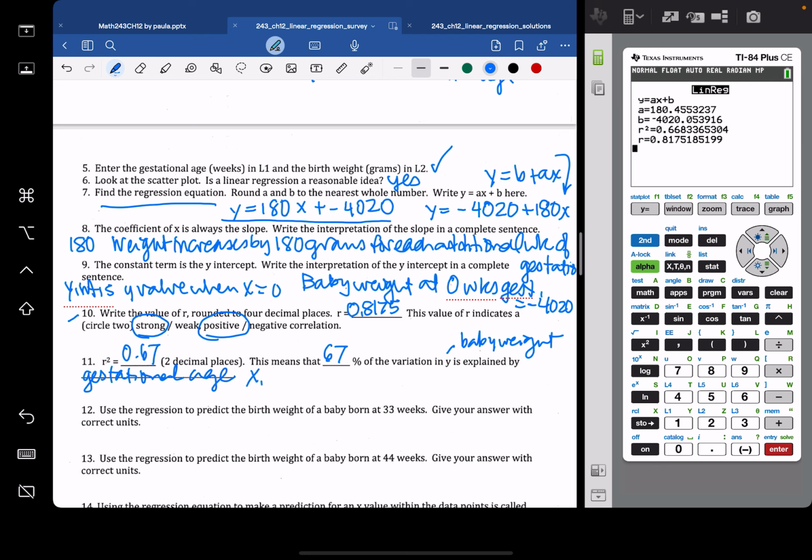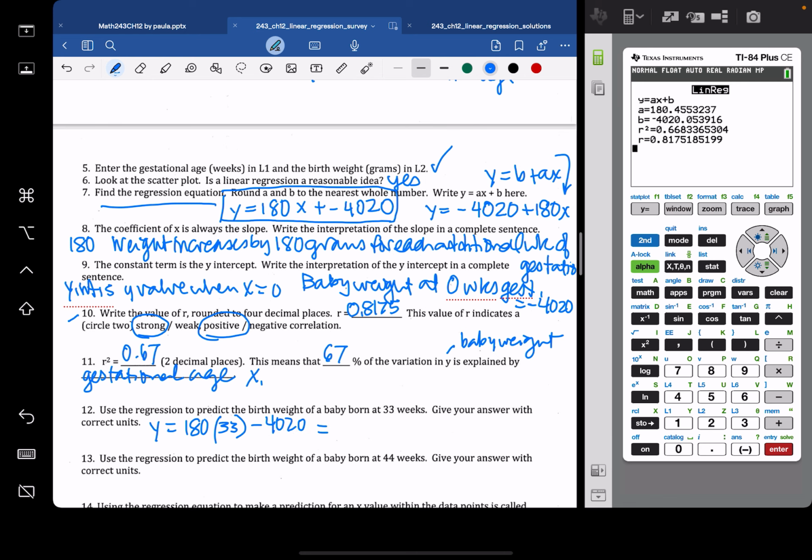Use regression to predict the birth weight of the baby born at 33 weeks. Okay, so now that we have this equation here, we're actually going to use it. We're going to plug in x equals 33 into that equation. So y is equal to 180 times 33 minus 4020.